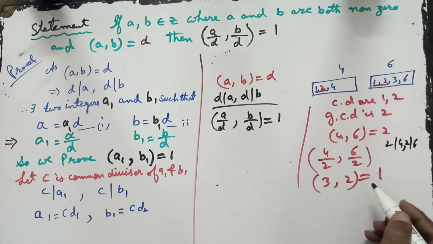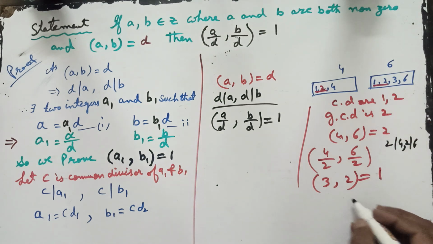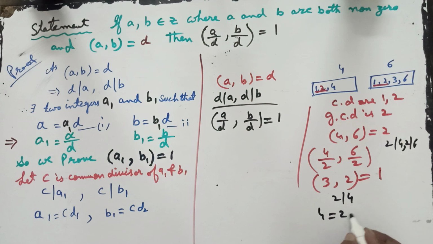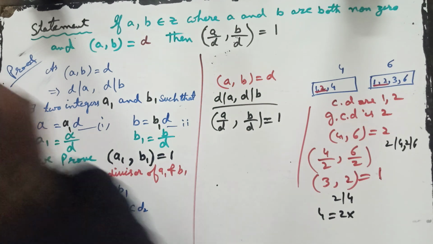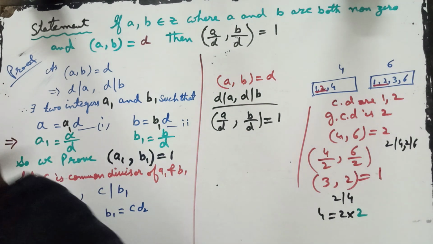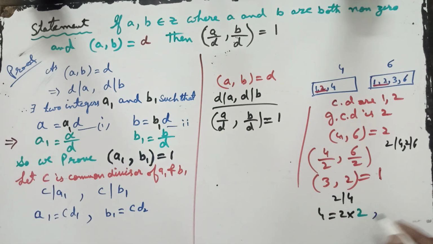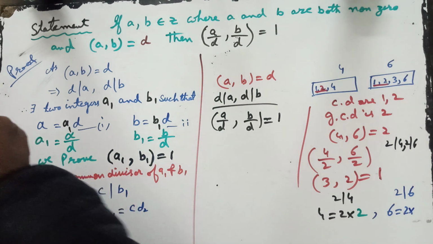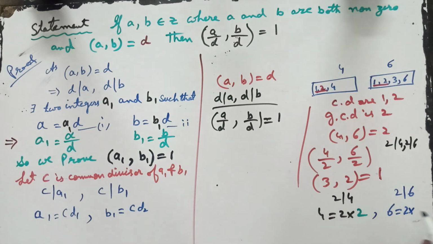If D divides A, just like if 2 divides 4, then 4 can be written as a multiple of something. And also if 2 divides 6, then 6 can be written in the form of 2 multiplied by 3.